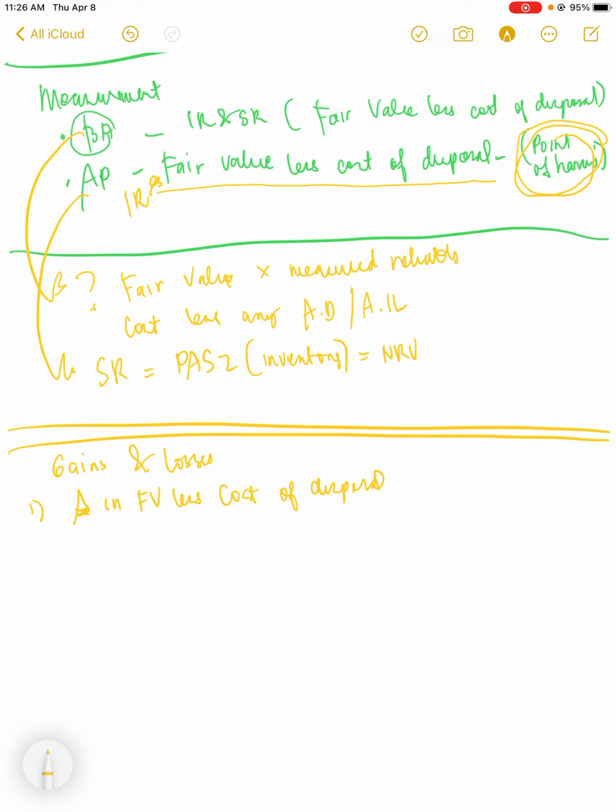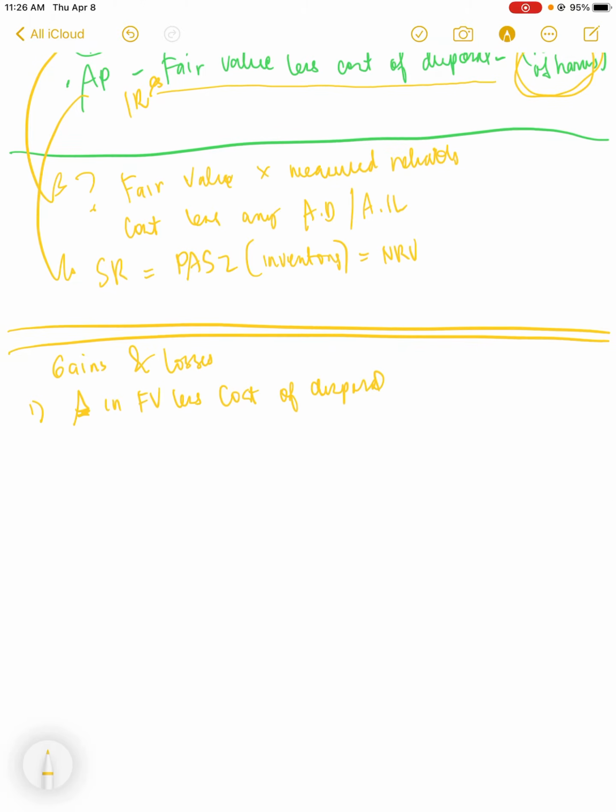Okay? Aside from that is we also have to account for the gain or loss on initial recognition of agricultural produce.